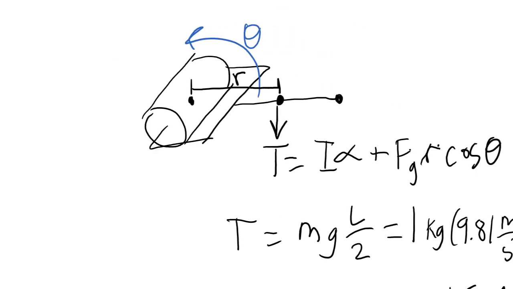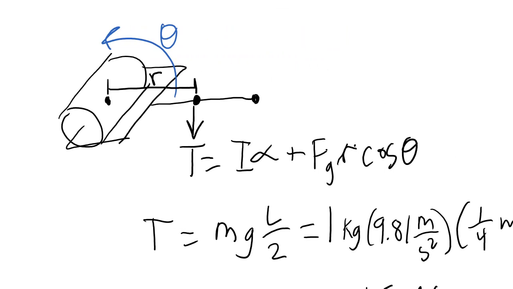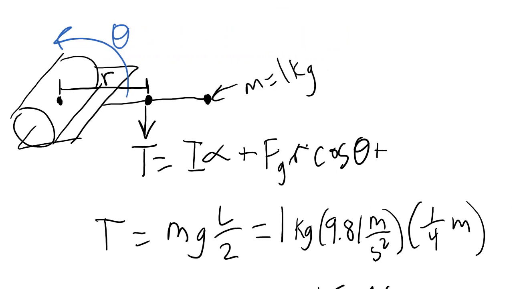Next, let's consider the effect of the payload in this case. Here, we have to add on the force of gravity on the payload as well. The distance here is not L over 2, but it's actually L, the length of the link.